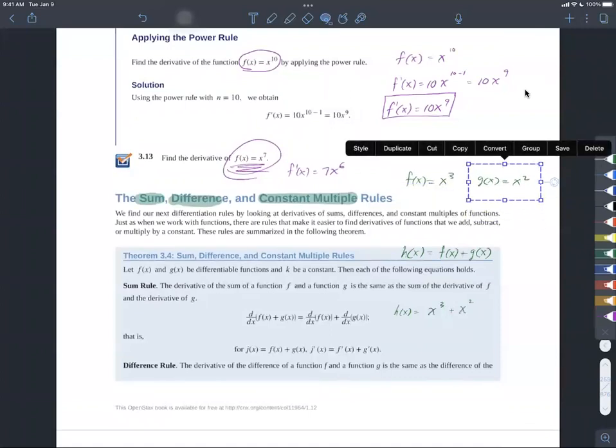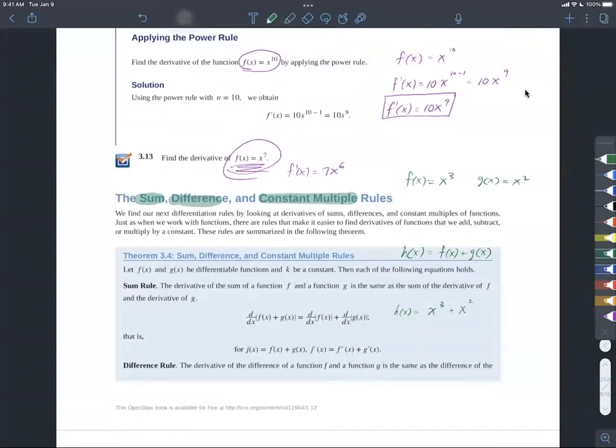Okay, so this sum rule says if you want the derivative of h of x, this is just going to be the derivative of f of x plus the derivative of g of x. So if you can find the derivative of these simpler pieces of h of x, so f prime of x, we can find that, because we did it earlier.